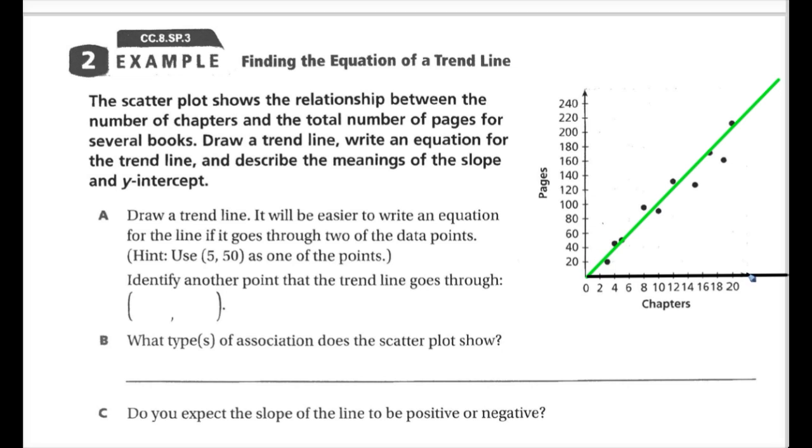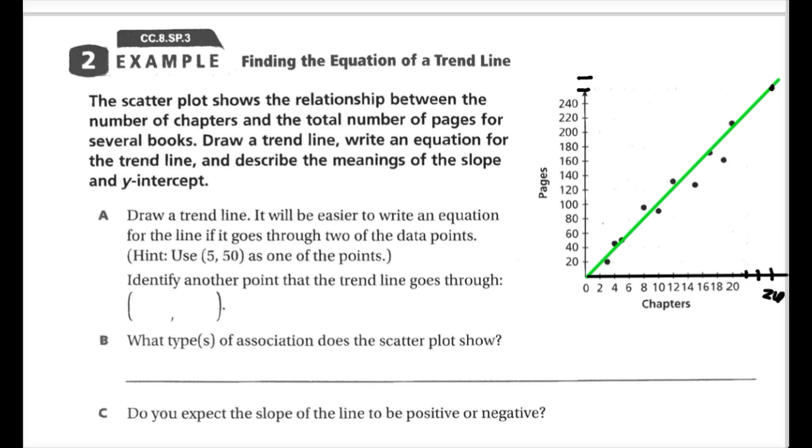And I said we're looking at 22, 24, 26. If I were to look up here at 26, according to this line, I'd be right about here. So if I were to extend this line, this would be 260, 280, okay?